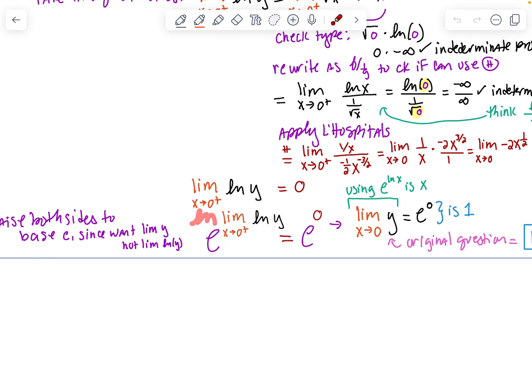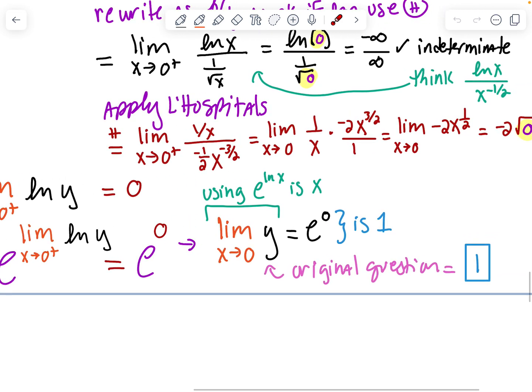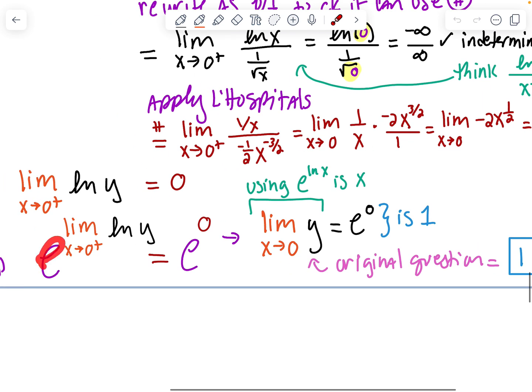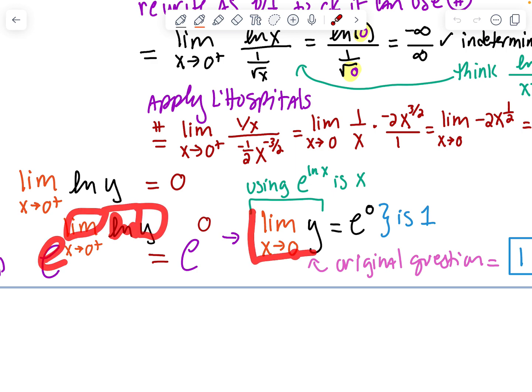It's the natural log of the limit of y. So when you see it that way, I'm able to use the exponential property that if you have e to a natural log power of something, it just equals that something. So my e to the natural log of something is just going to equal that something.